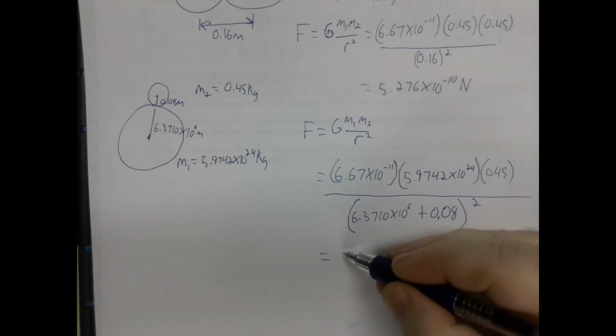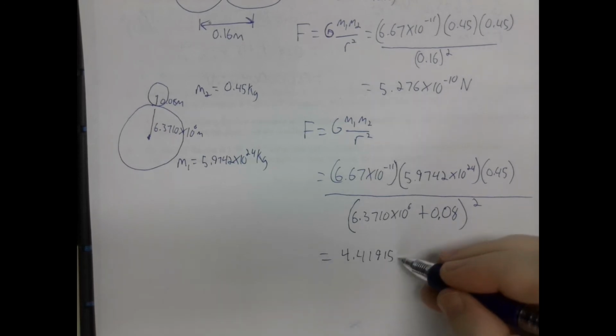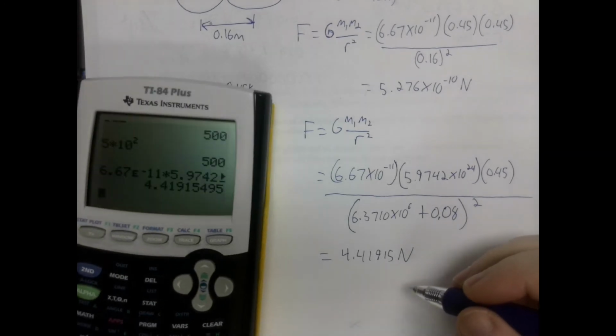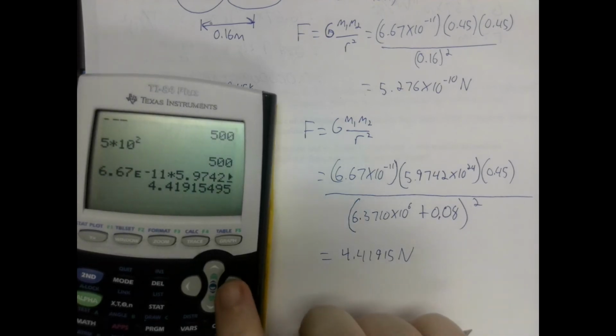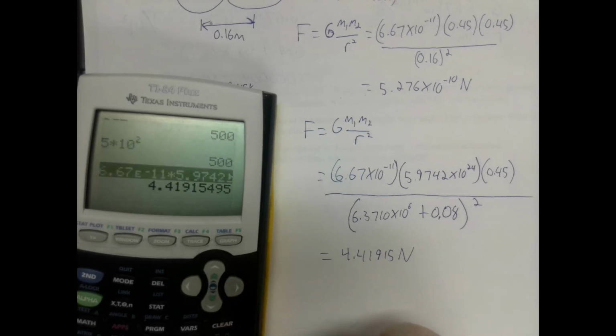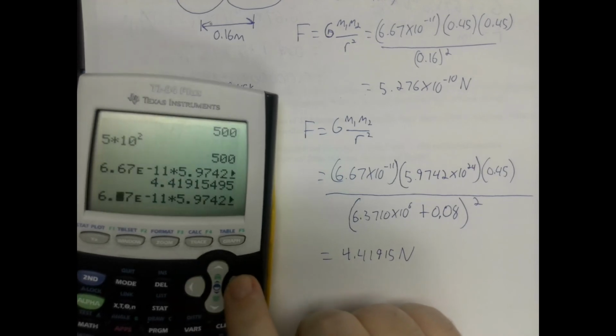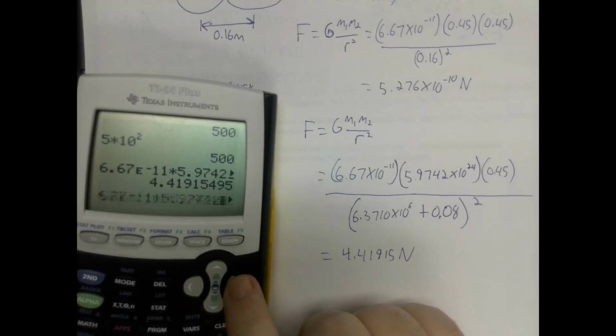And I get a force or weight of 4.41915 newtons. So how I typed it in, I did 6.67 E negative 11, and then I did times 5.9742 E24. Then I did times 0.45.